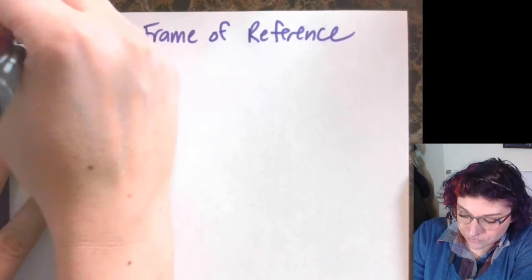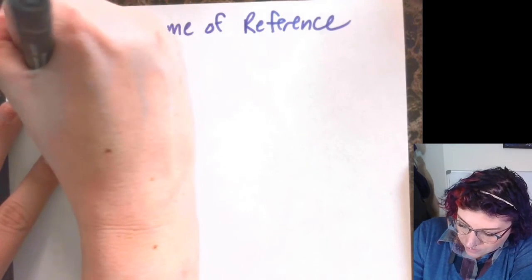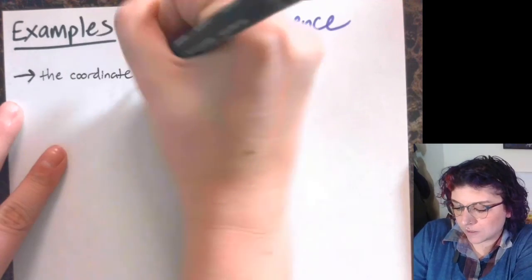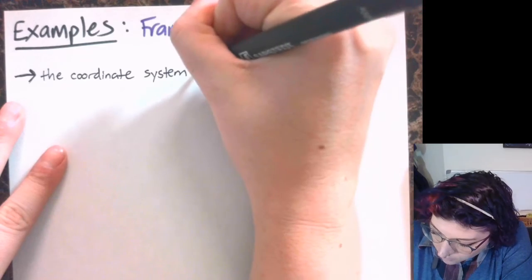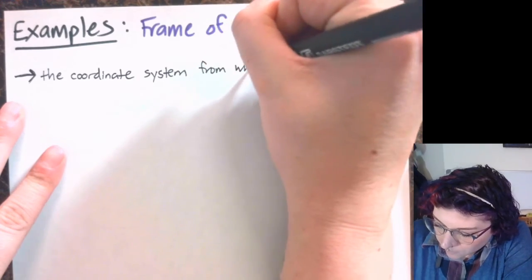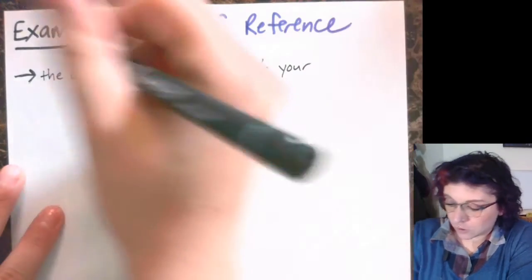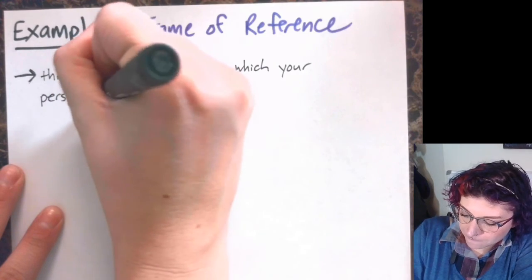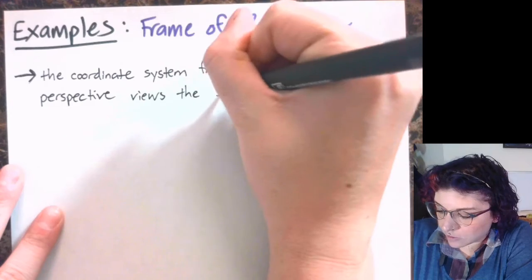So the frame of reference is the coordinate system from which your perspective views the surroundings.